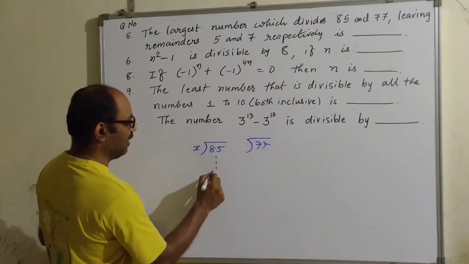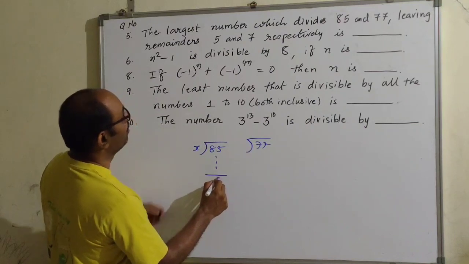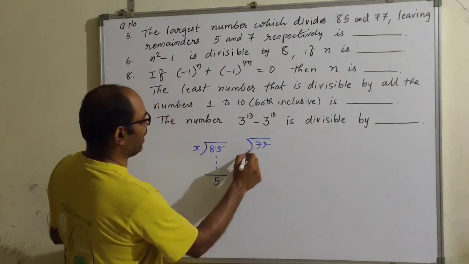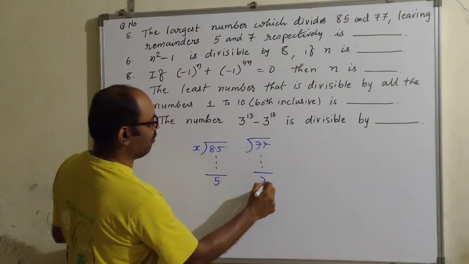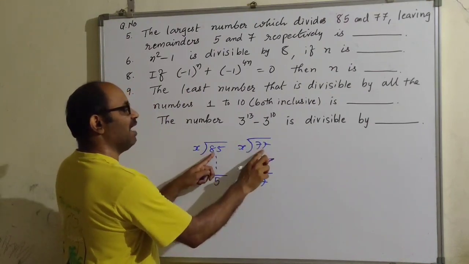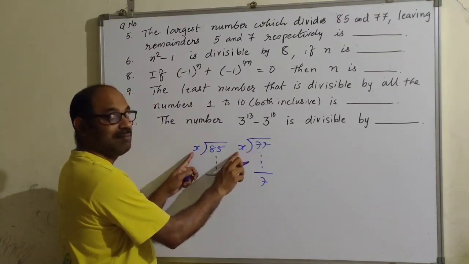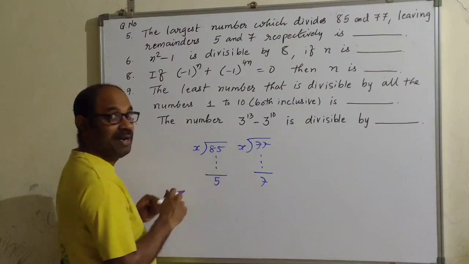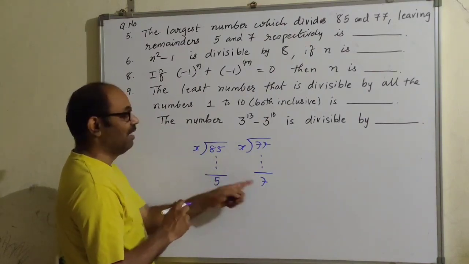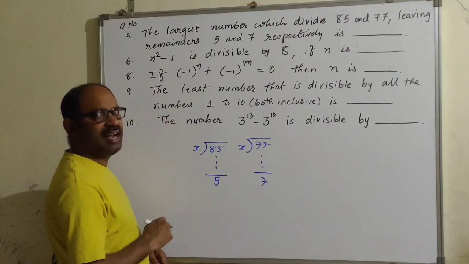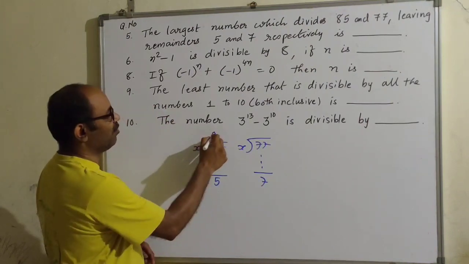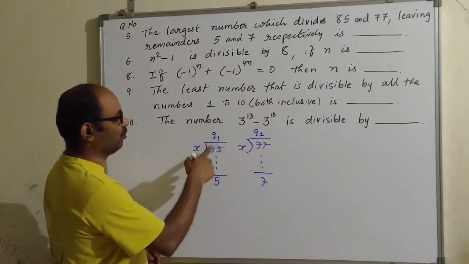Suppose it is x, then it leaves the remainder 5, and in the second case, it leaves the remainder 7. So both 85 and 77 are divided by the largest number x, and it leaves the remainders 5 and 7. Now you can see, here you can say Q1, here you can say Q2.